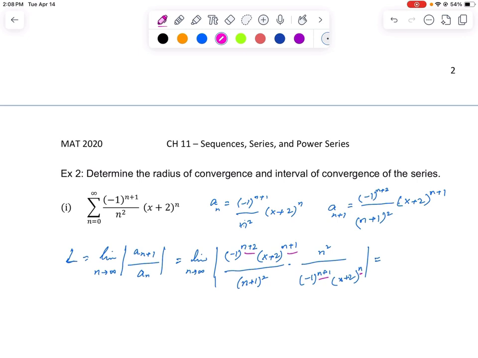So we end up getting the limit as n goes to infinity of the absolute value of negative 1 times x plus 2 at the top, and then n squared over n plus 1 whole squared.